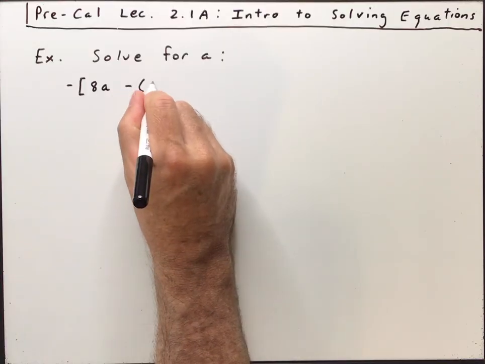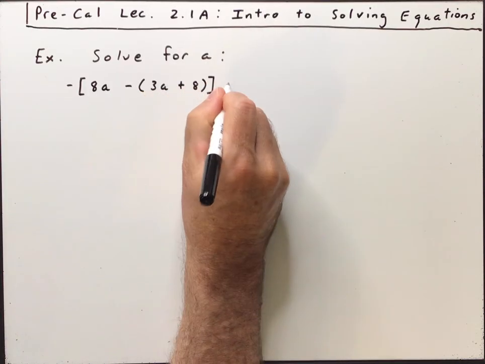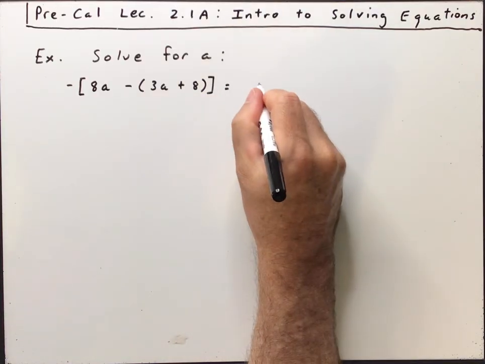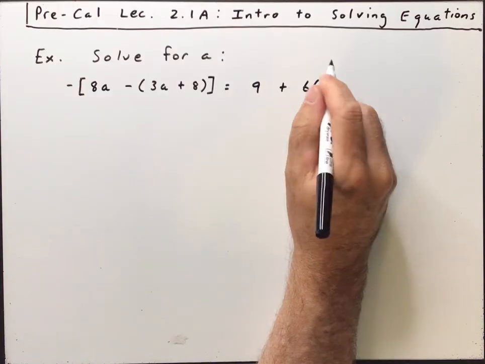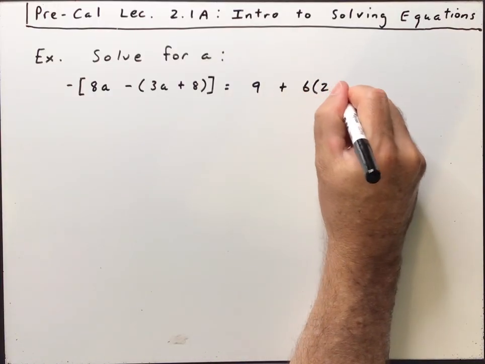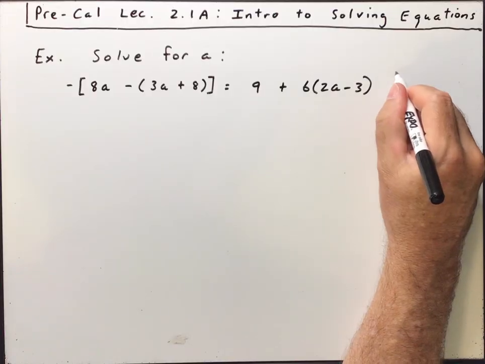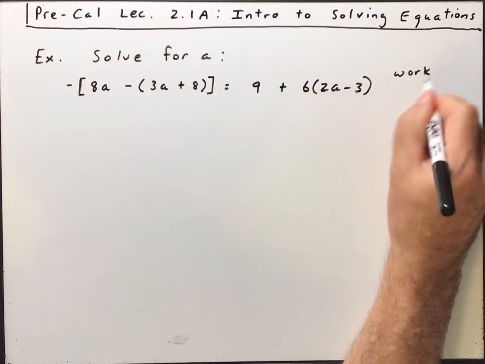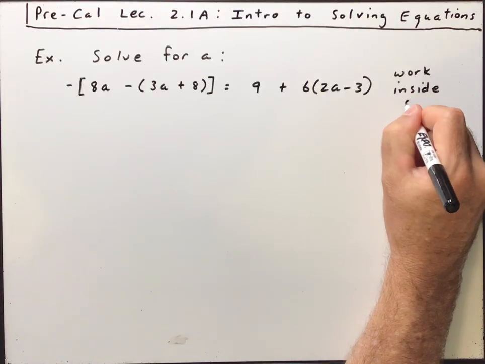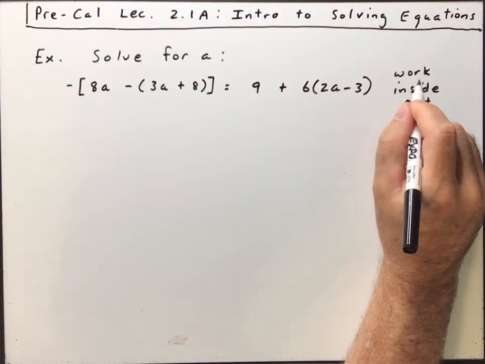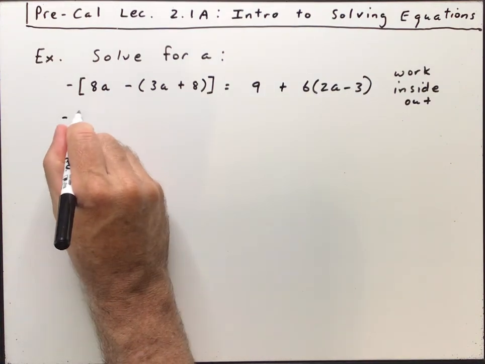So minus 3A plus 8 is equal to 9 plus 6 times 2A minus 3. So what you want to do is work inside out. Okay, so we just want to distribute inside the bracket first.